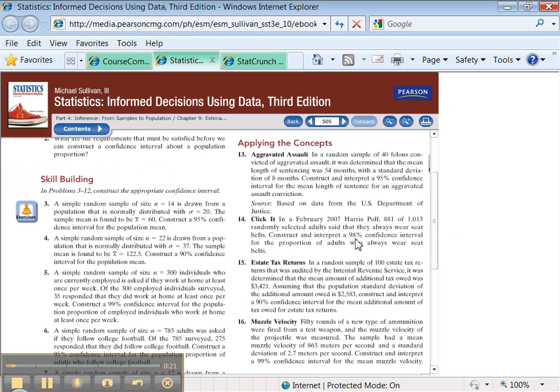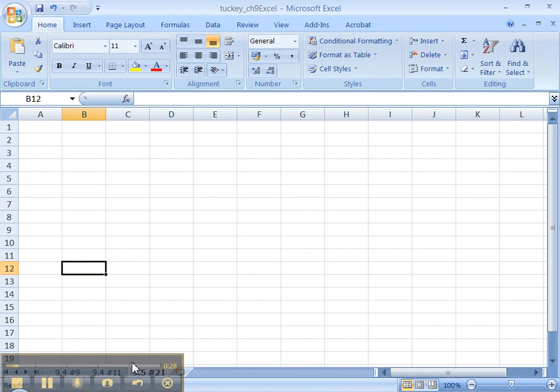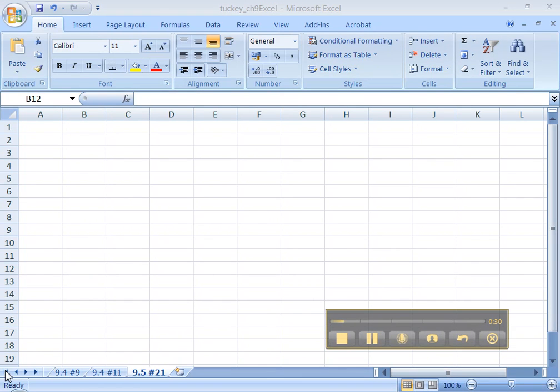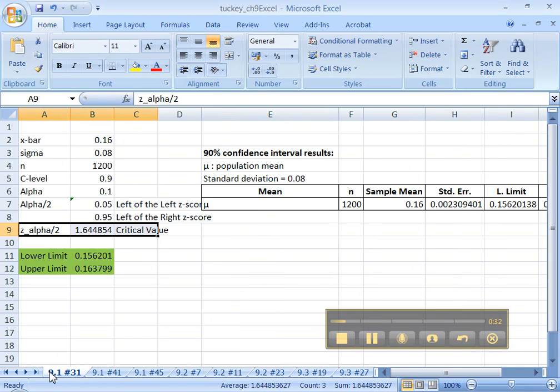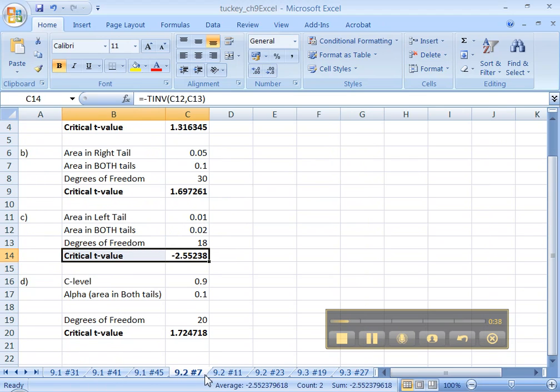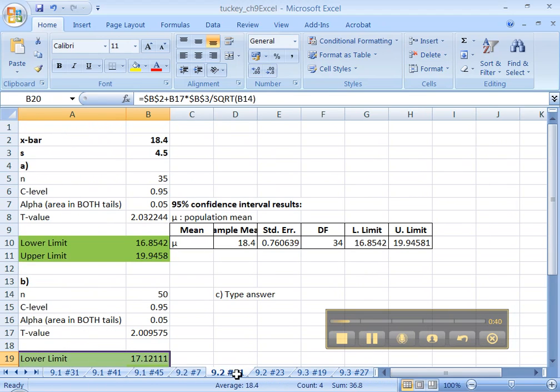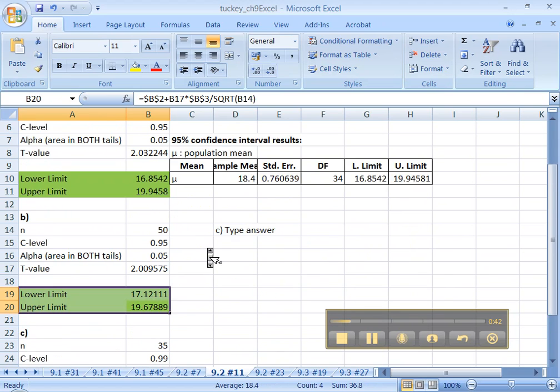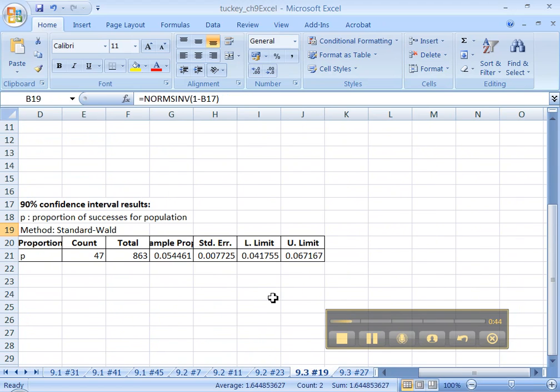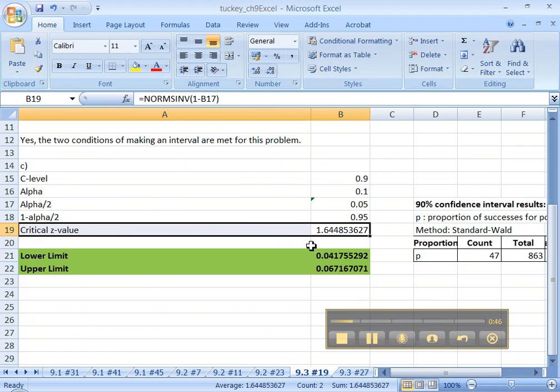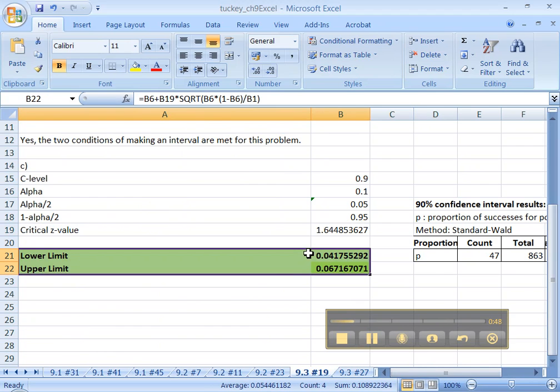So the thing you want to look at when you look at these problems is trying to figure out which ones you know. Let me go back here just for a second and show you what we've gone through. In 9.1, we learned how to do z intervals for the mean. In 9.2, we did t intervals for the mean. 9.3 was z intervals, but now for proportions, working with decimals.